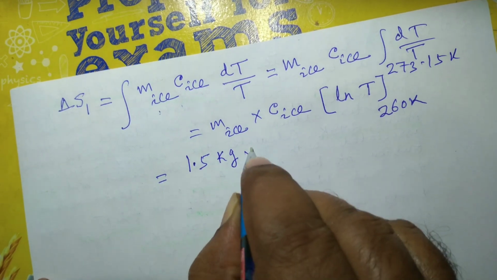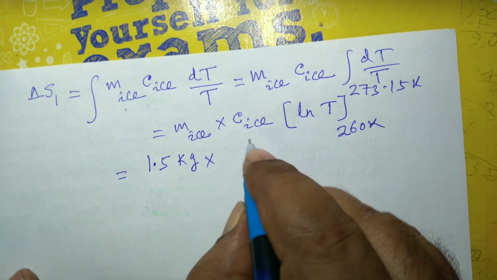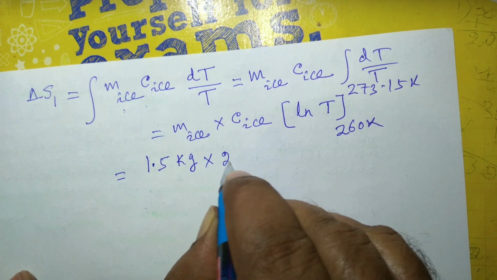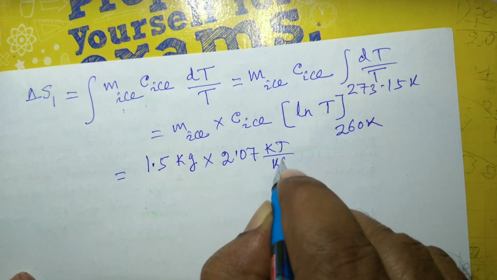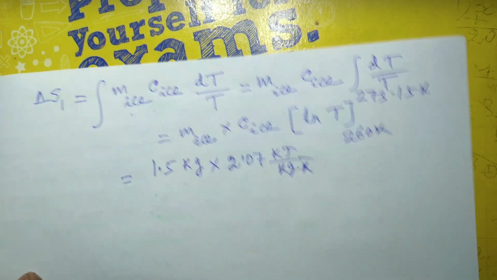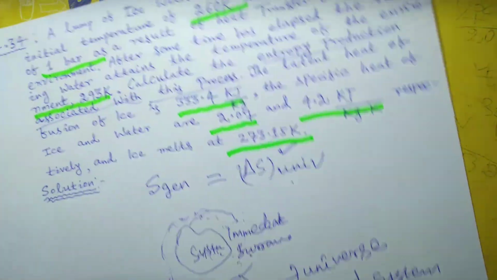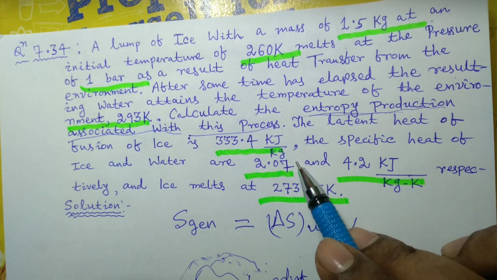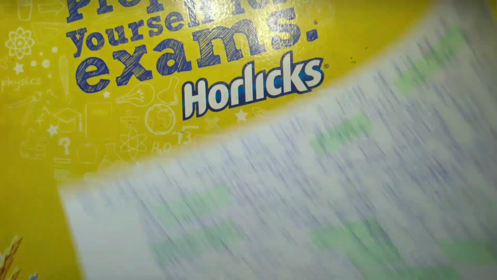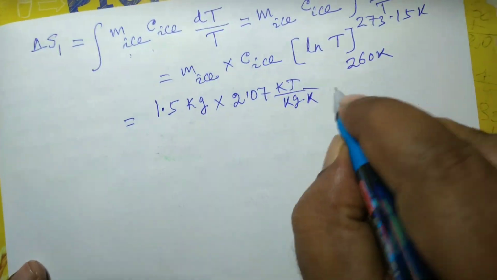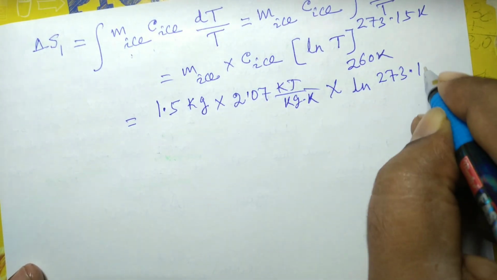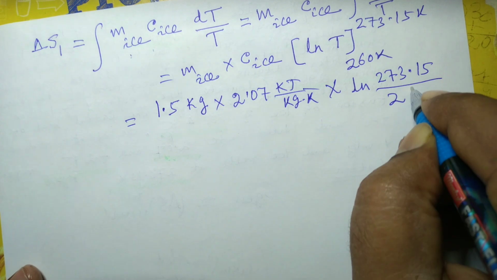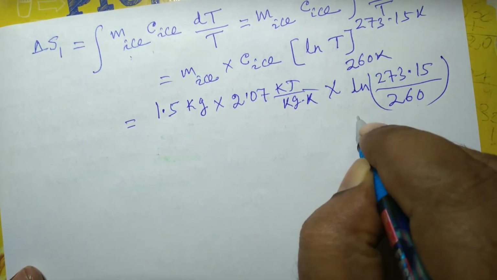So 1.5 kg multiplied by specific heat of ice, which is 2.07 kilojoule per kg Kelvin. It is given in the question. Specific heat of ice is 2.07 kilojoule per kg Kelvin. So this multiplied by ln of 273.15 divided by 260, and this will be a pure number.